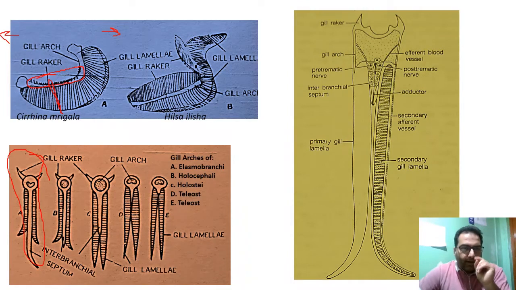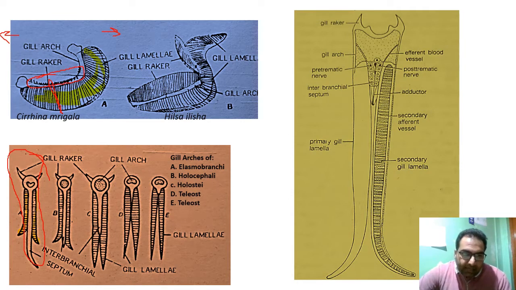To avoid this confusion, keep in mind that the things which we are able to see, for example this part which I am showing you, these are the gill filaments, or primary gill lamellae. This is a primary gill lamella here, and this is a primary gill lamella.